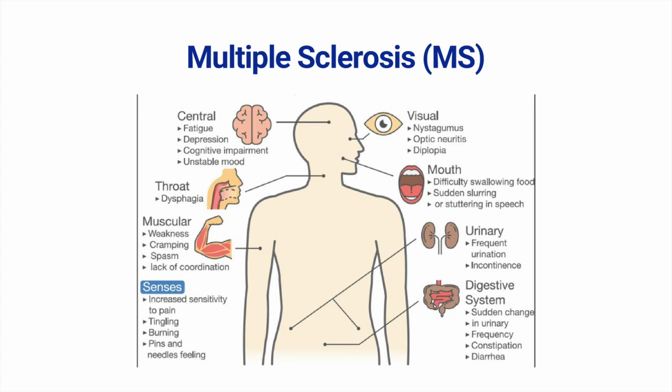Multiple sclerosis is an autoimmune disease that affects the CNS, the central nervous system, specifically the brain and also the spinal cord. In MS, the immune system attacks the protective covering of the nerve fiber known as myelin, disrupting the transmission of the nerve signal. And one of the key features of MS is that its symptoms can be variable and also unpredictable.